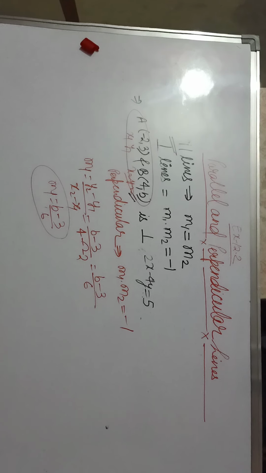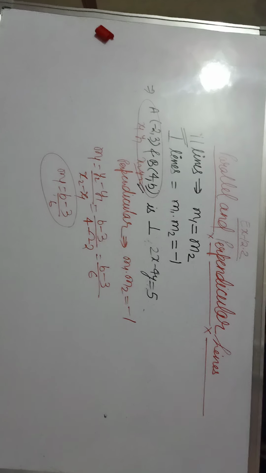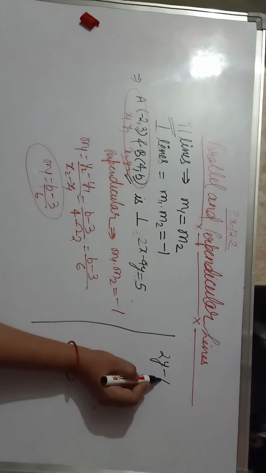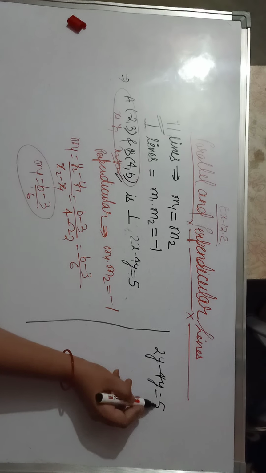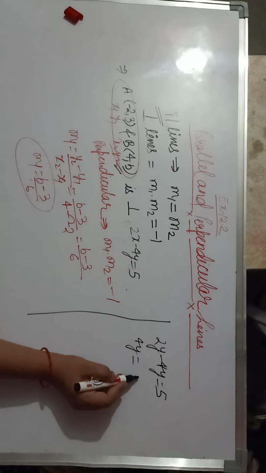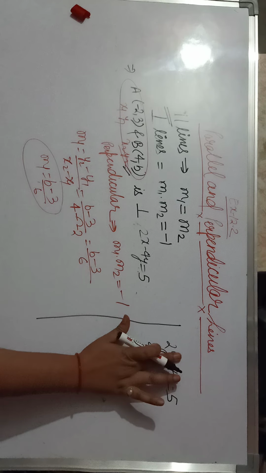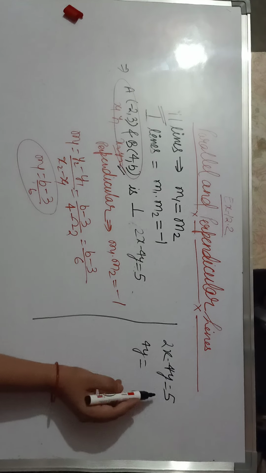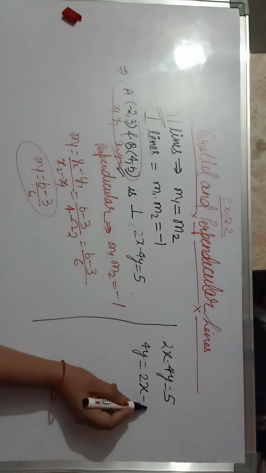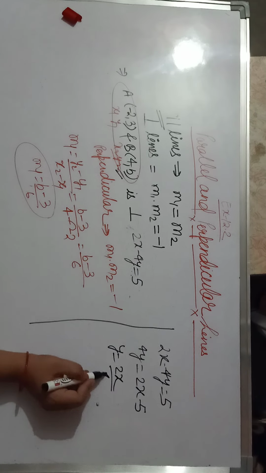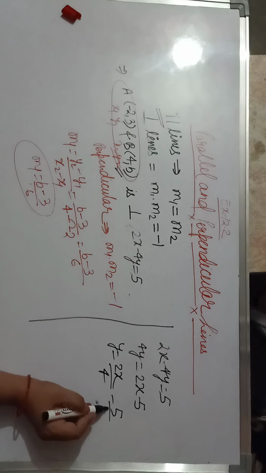Now get the value of m2 from the second equation. The second equation is 2x minus 4y is equal to 5. So 4y is equal to 2x minus 5. So y is equal to 2x by 4 minus 5 by 4.